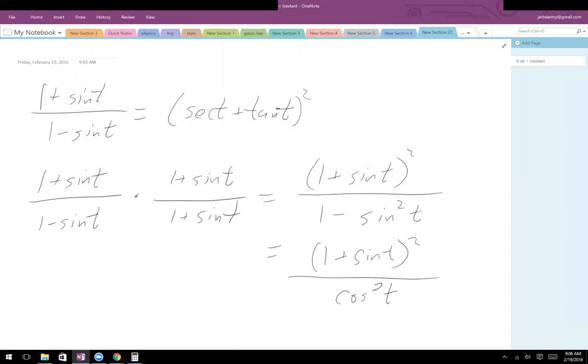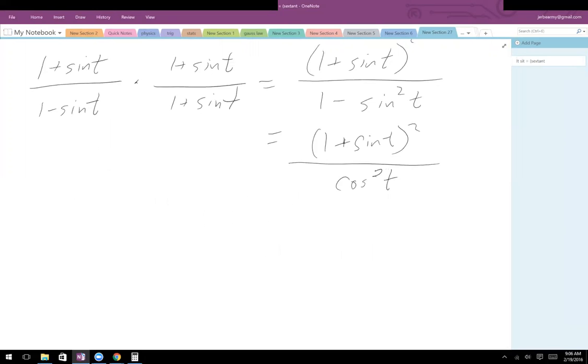That's a plus. We have no arrows in this class. All right, and notice the numerator is also something squared. So I can write this whole thing as 1 plus sine t over cosine t, all squared. All right. And now last thing, just remember adding fractions.